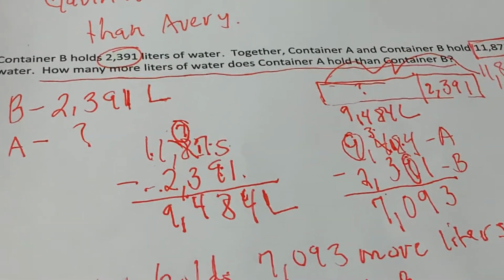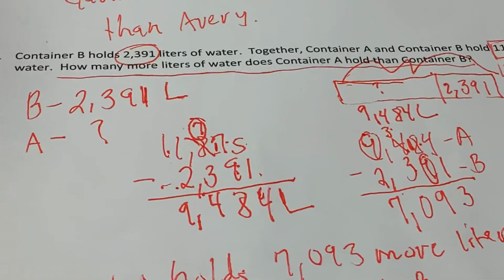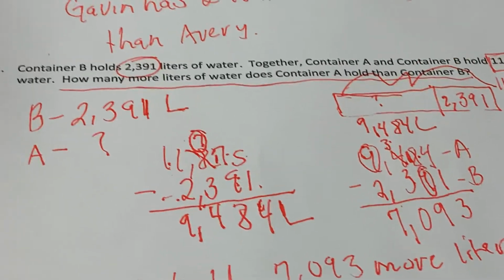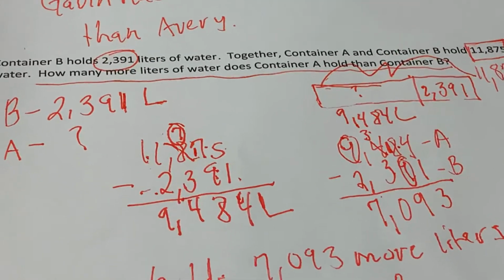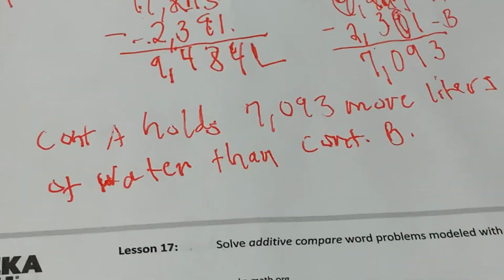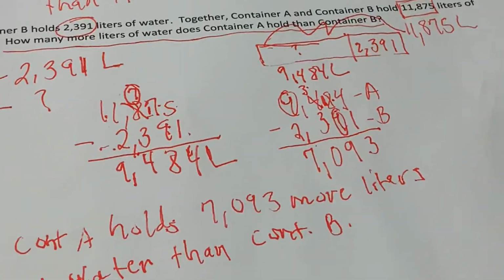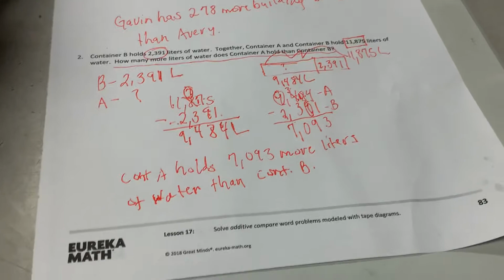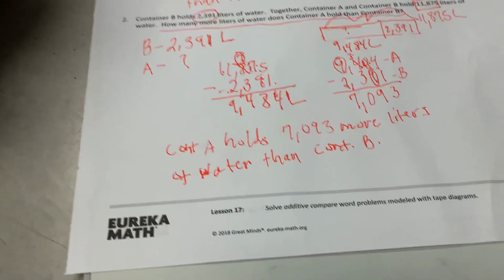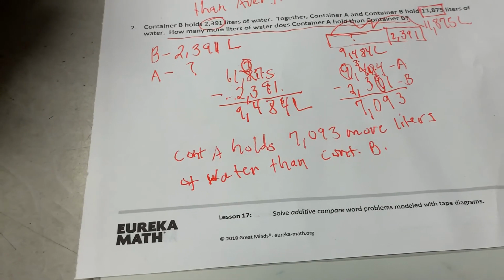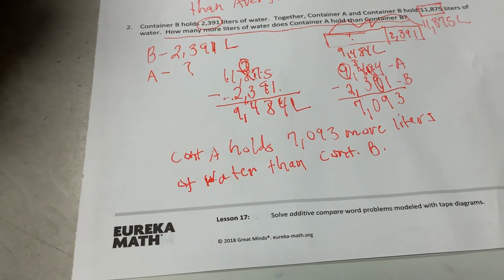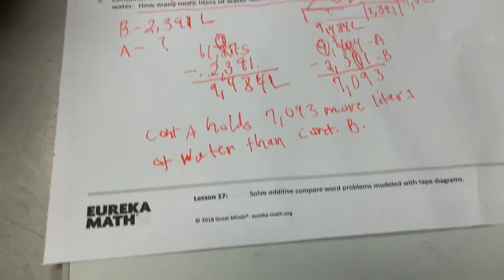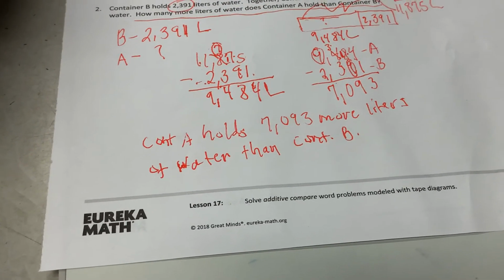So sometimes in word problems, you will have to perform more than one step to help you arrive at your answer. So I hope this helps you guys get a general understanding of what we will be working on for the next few weeks, working on subtraction and addition, word problems, etc.